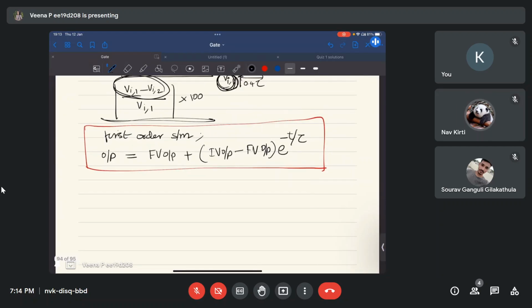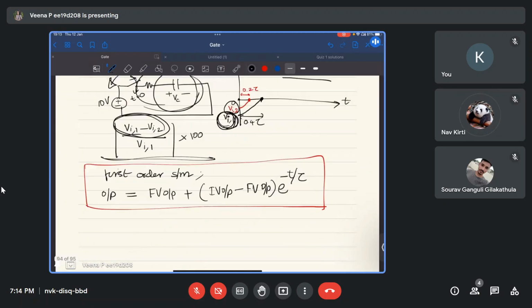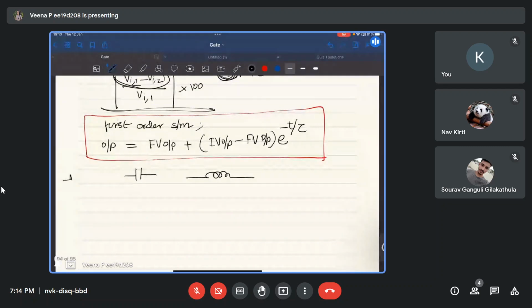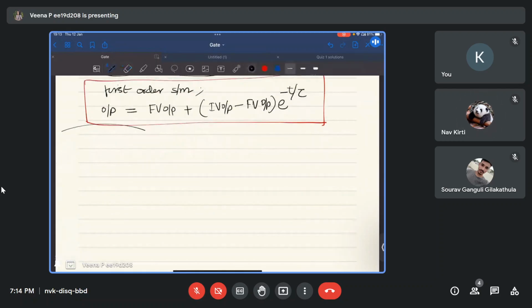Okay. In this given problem, this is a first order system, an RC circuit. Capacitor and inductance are memory elements. Resistor is not a memory element. So any combination of capacitor and resistance, or just a capacitor alone, is a first order system. Now, in this question, the output we are interested in is the capacitor voltage.